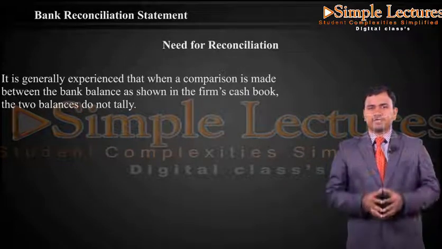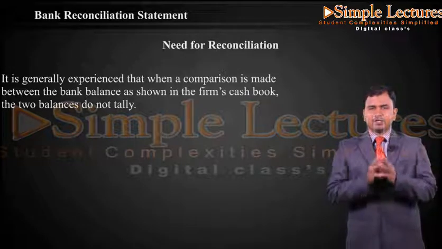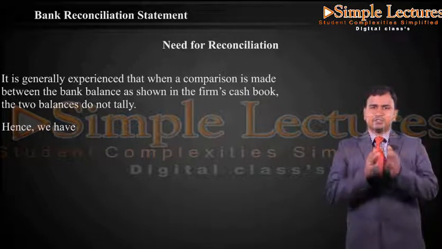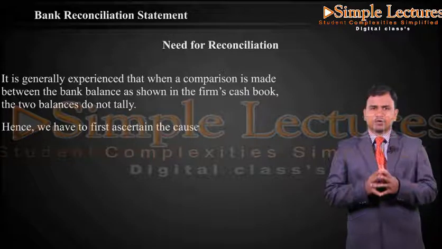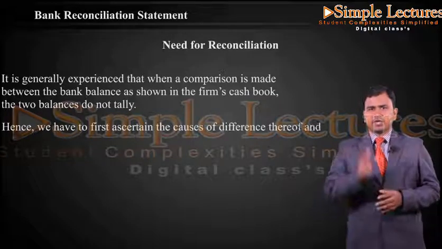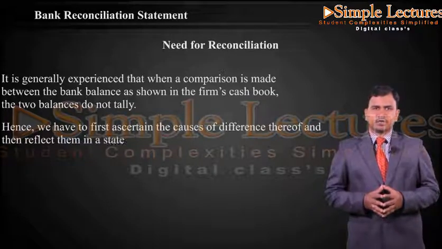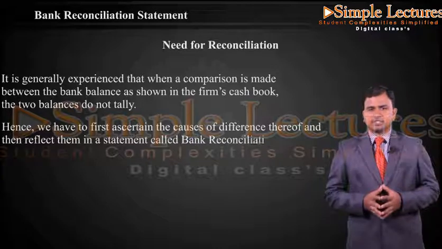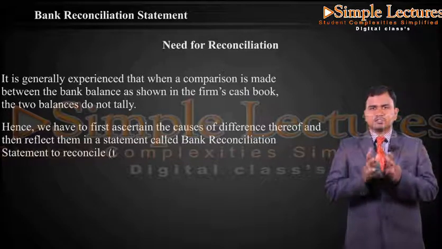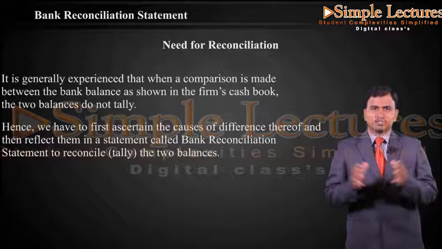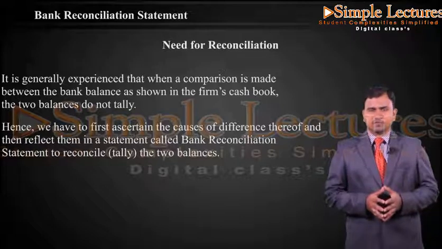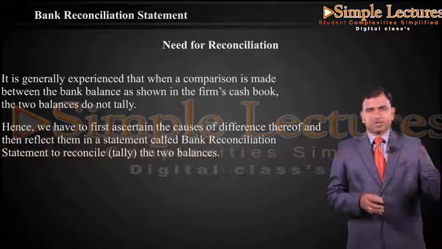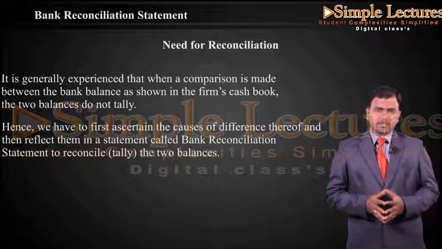Both have to be tallied. Hence, we have to first ascertain the causes of difference and then reflect them in a statement called the bank reconciliation statement to reconcile the two balances, which means to tally the balances of the cash book and the passbook prepared by the bank.